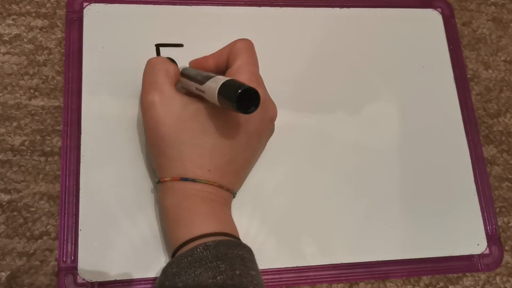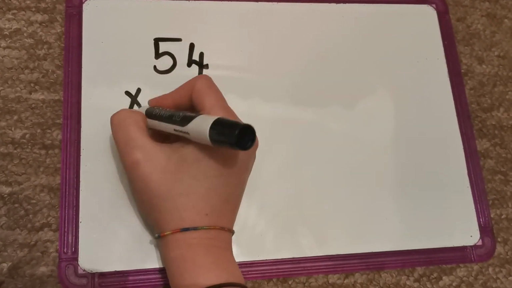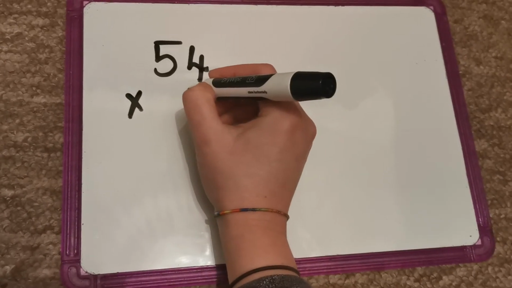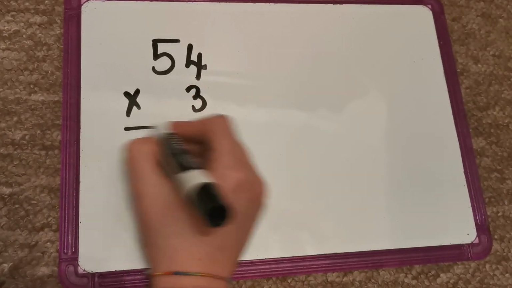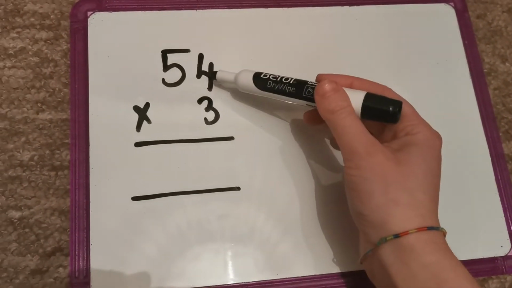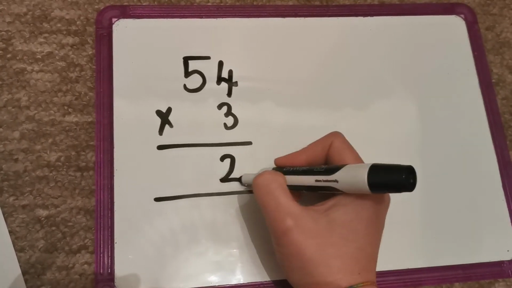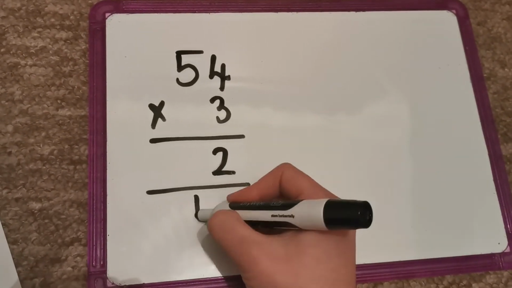Now, these calculations next definitely would mean that you would have to use the written method, because it would be the most efficient. So we've got 54 and we're multiplying it by 3. First of all, I need to multiply 4 by 3, which is 12. So 12 has 2 ones and 1 ten.